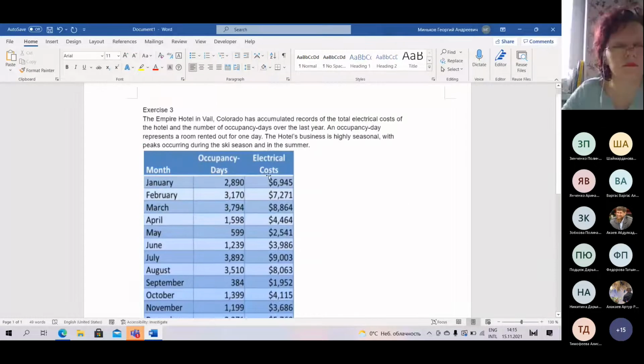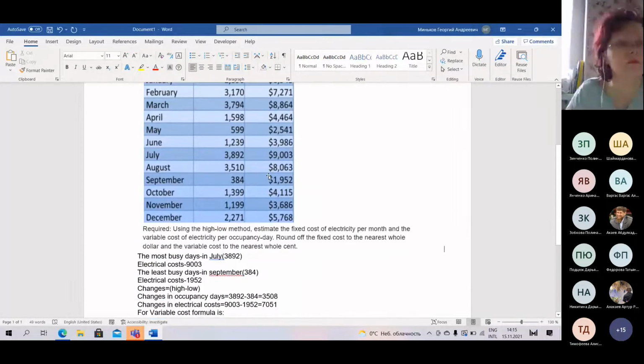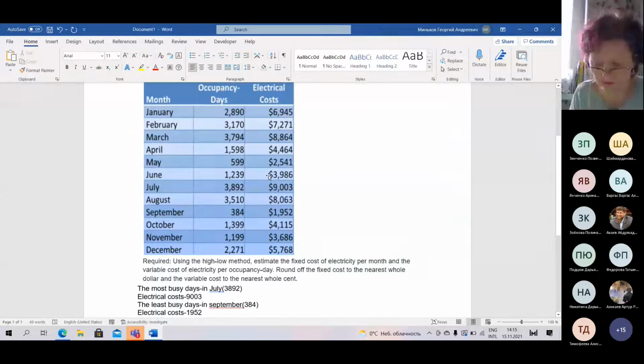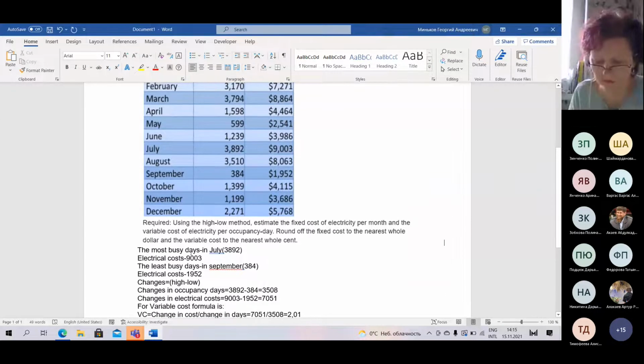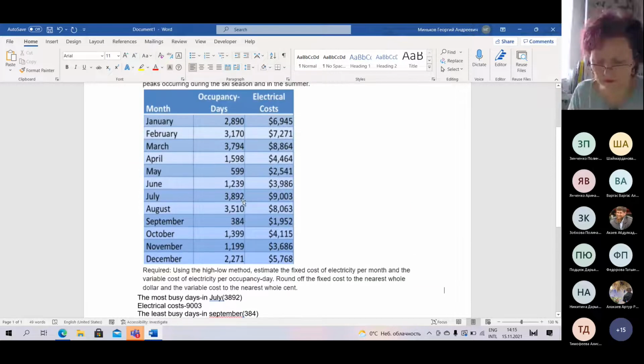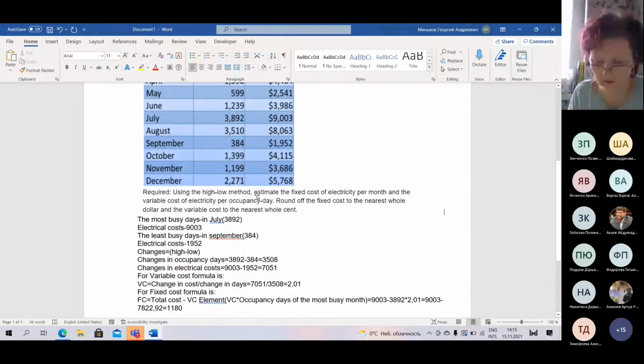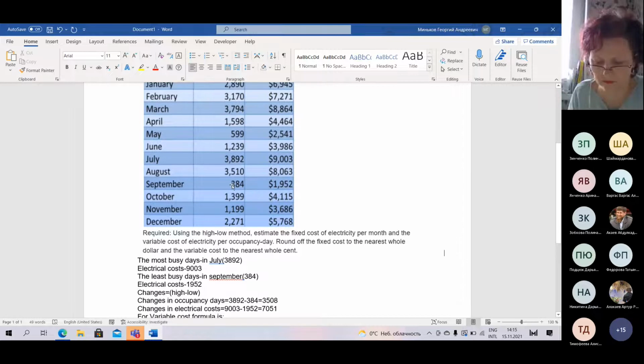Well, the idea here was to find the most busy days in July and the least busy days in September, just to find the changes in them, and the most busy days are in July. We can find it in the table, and as a consequence, the electrical costs are the highest as well, and the least busy days are in September.